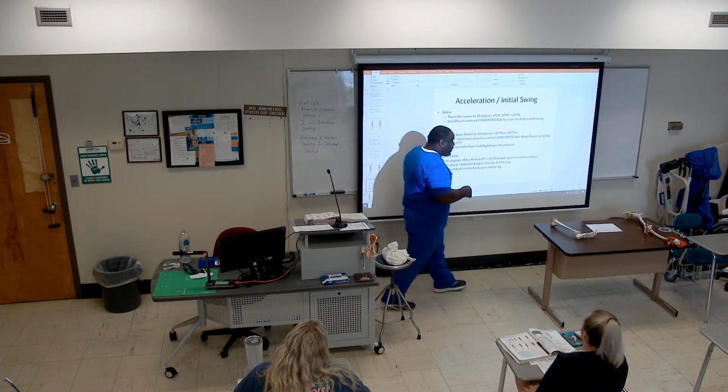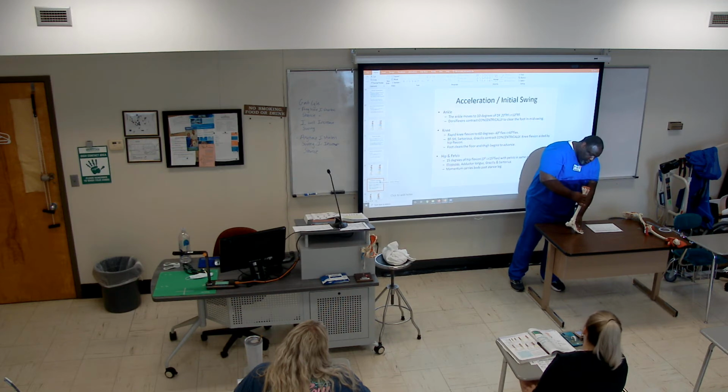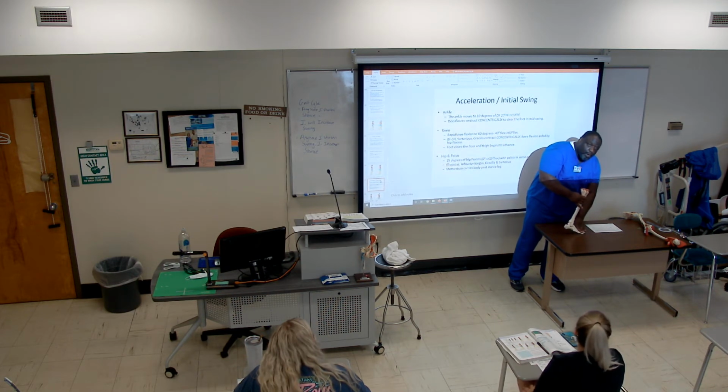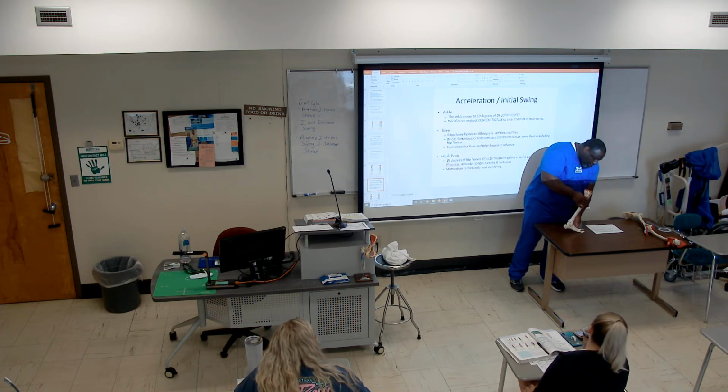So we talked about that. In that stage, the only thing that's on the ground is the ball of my foot. My midfoot and my heel are off the ground. Once I go into acceleration or initial swing, I go from this 20 degrees of plantar flexion to about 10 degrees of plantar flexion. Now I'm lifting my foot off the ground.